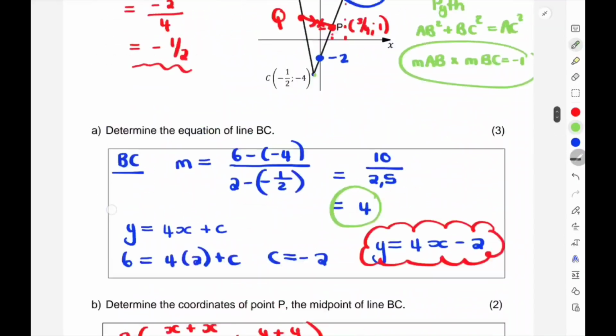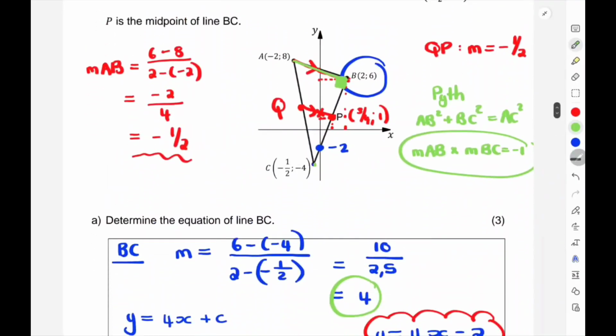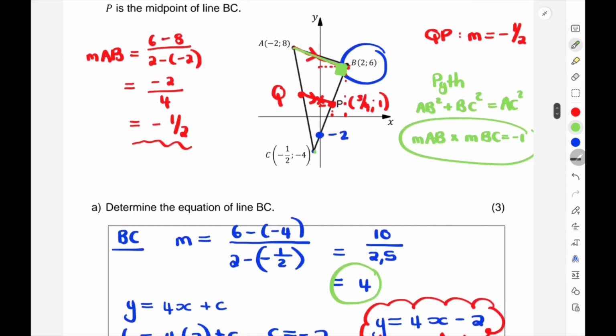And then the gradient of AB, I don't think we've worked out yet. Okay, so I'm just going to do it over here because it's hard to go up and down. The gradient is the change of y over the change of x. I think I've worked it out somewhere.